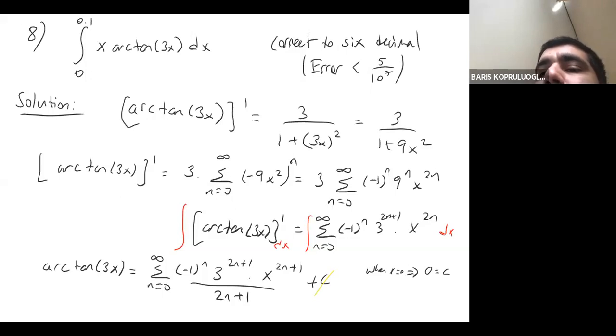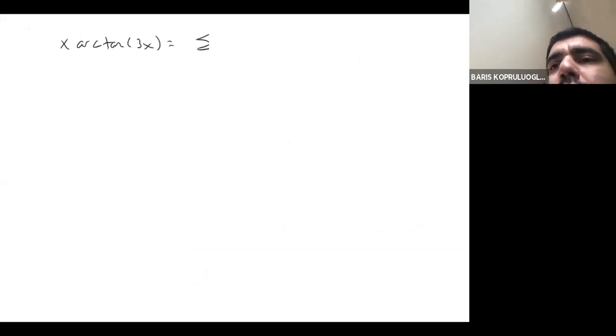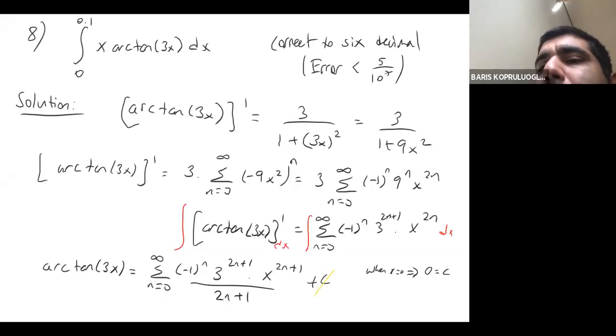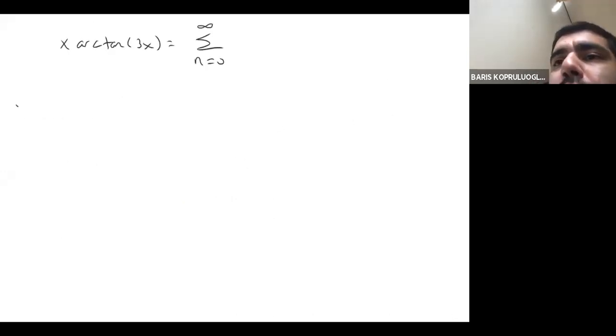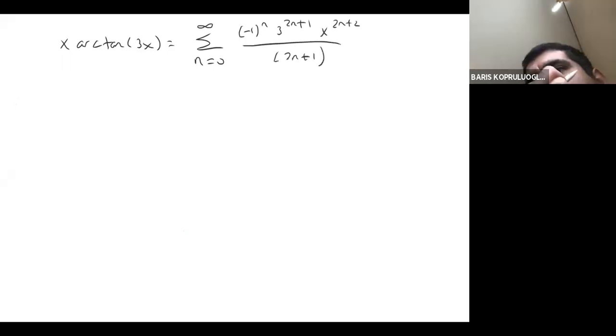And then we need to find x times arctangent of 3x. If you multiply it by x, I think what will happen is, so this is x times arctangent of 3x, I believe.